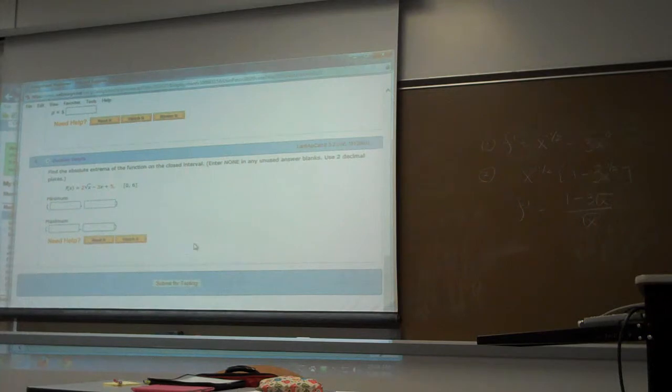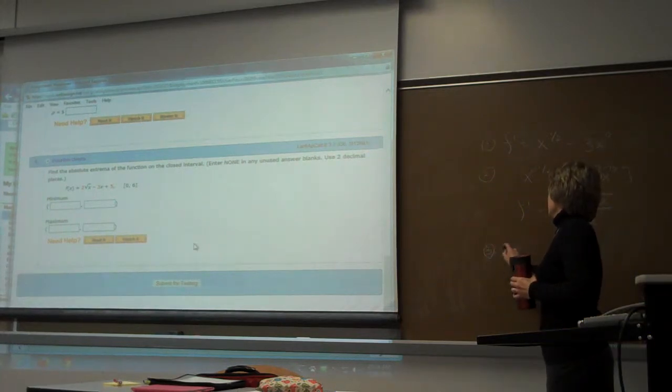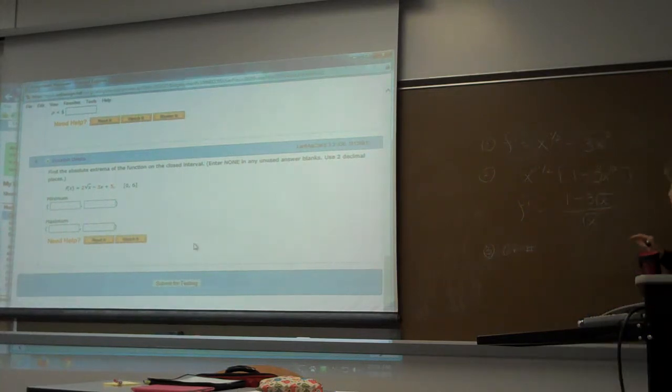What are your critical numbers then? Let's start with what would make this undefined. 0. If you put a 0 in, your denominator would be 0. What value would I have to put in to make the numerator 0? 1/3 squared, right.